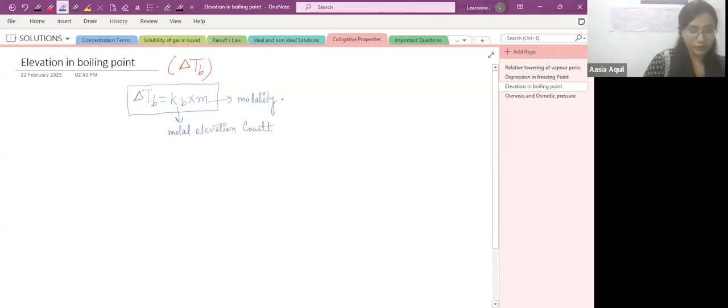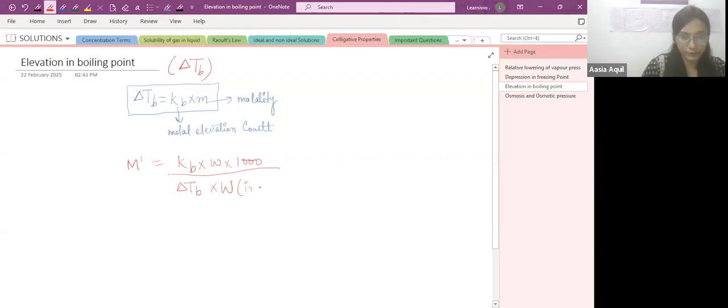Again, another formula for calculating the molecular mass of solute will be M dash equals to KB into W into 1000 upon here you can see delta TB into W, right.